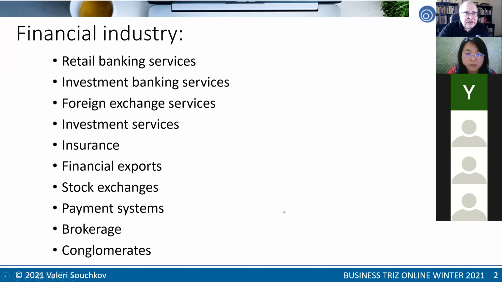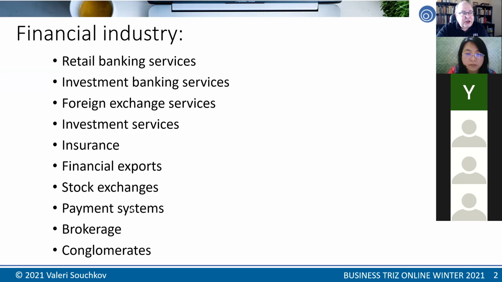First of all, what is the financial industry? The financial industry is rather big today. On this slide I listed some of the brightest examples of financial industry systems and value propositions, from retail banking services to investment banking services. Also, insurance is a part of the financial industry, stock exchanges, financial experts, all sorts of investors like hedge funds, venture capitalists, angel networks, and so on.